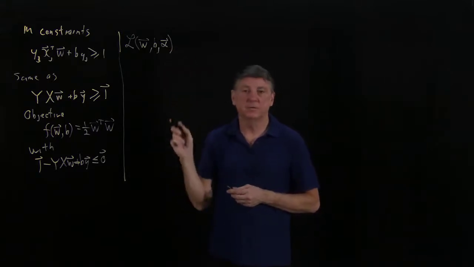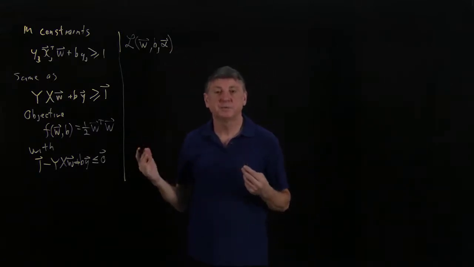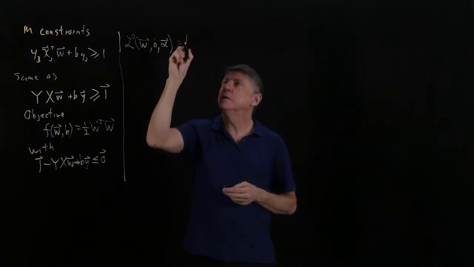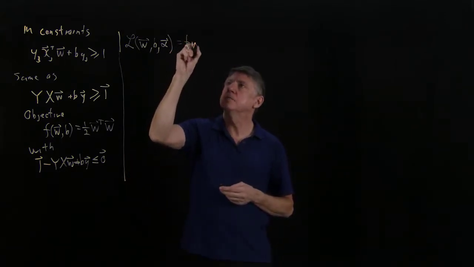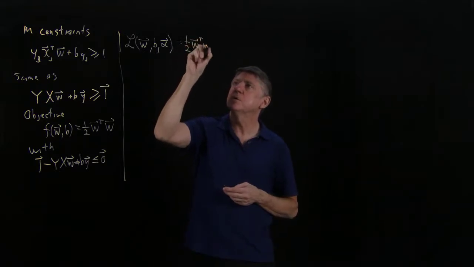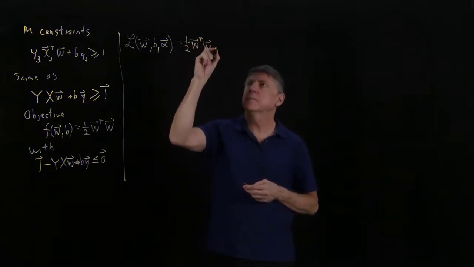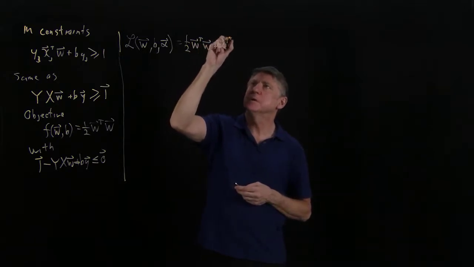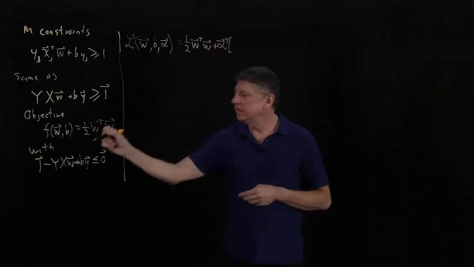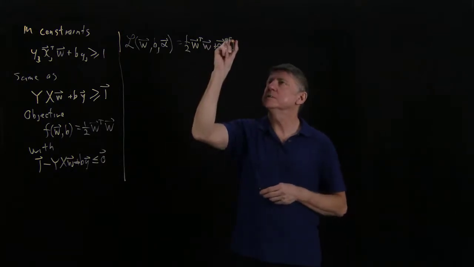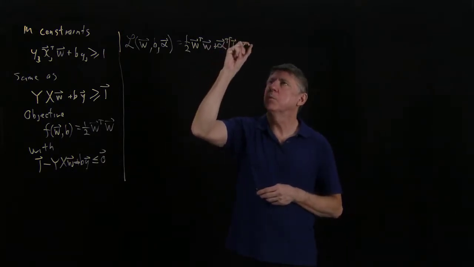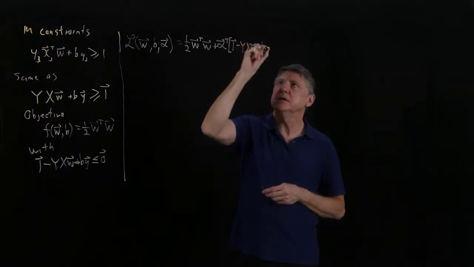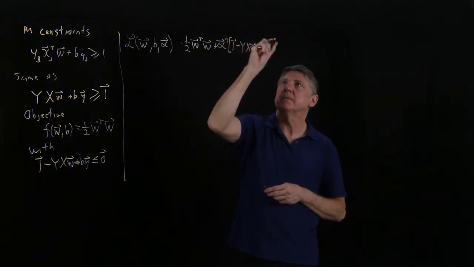Now we'll use alpha simply so that it's easier for us to read other material, and that will be 1/2 of w transpose w plus alpha transpose times the constraint function, which is 1 minus yxw minus b times y.